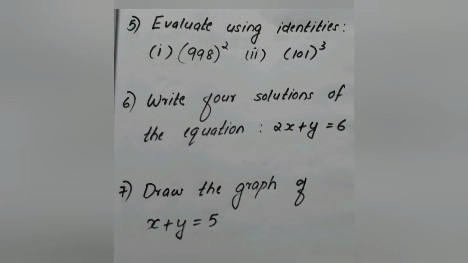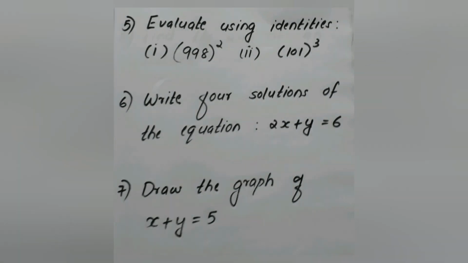Then the fifth question: evaluate using identities. First one is 9098 whole square, and the second is 101 whole cube. You can use the identity. Sixth question: write 4 solutions of the equation 2x plus y is equal to 6.